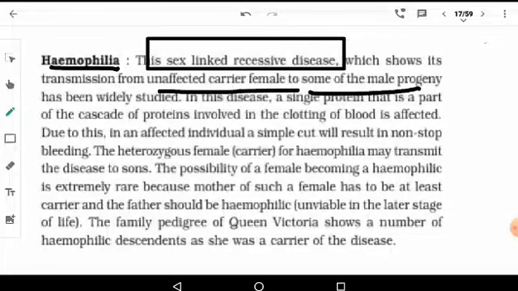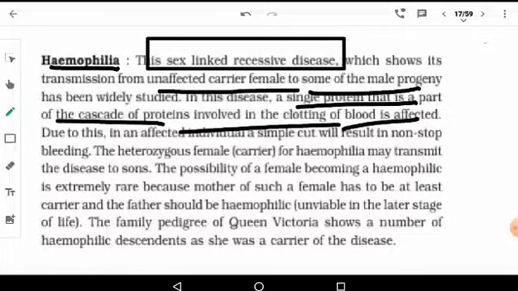Now this is a problem with the genes, right? So as a result, there will not be production of a single protein that is a part of a cascade of proteins involved in blood coagulation.